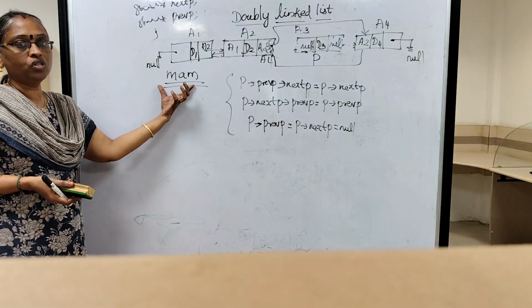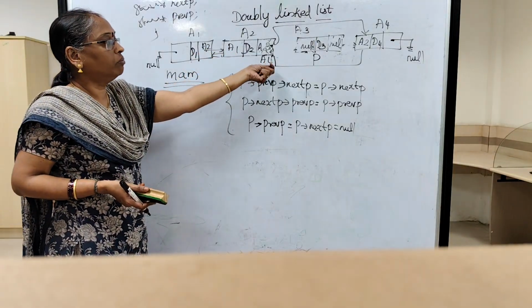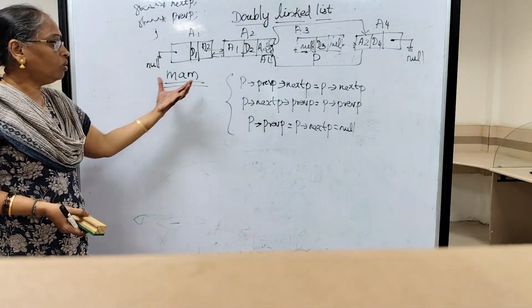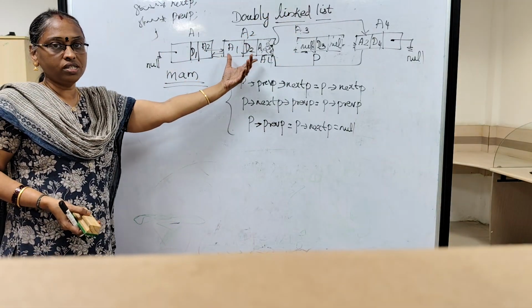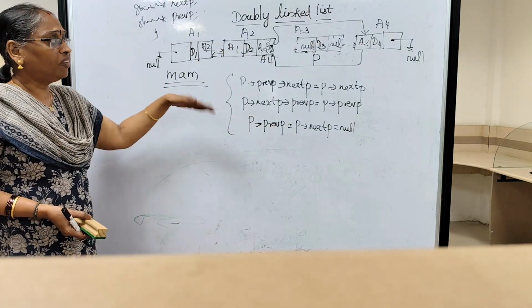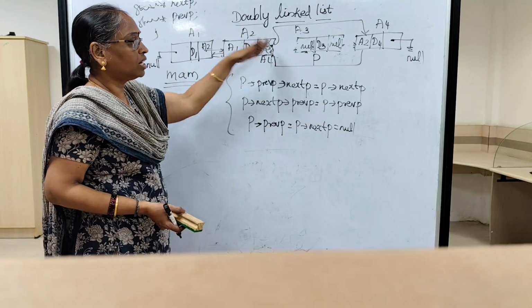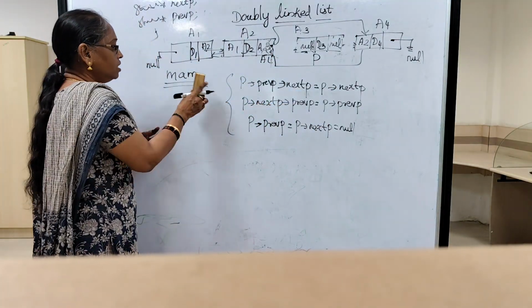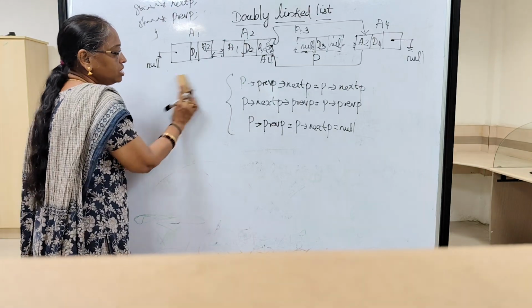If I want to do this, what can I do? I can start from the middle and I can keep on comparing the next nodes. So for that case, I can use this doubly linked list, and it also has other applications, where from a particular node I should traverse both in the forward as well as in the backward direction. So that is the use of doubly linked list when compared to the singly linked list.